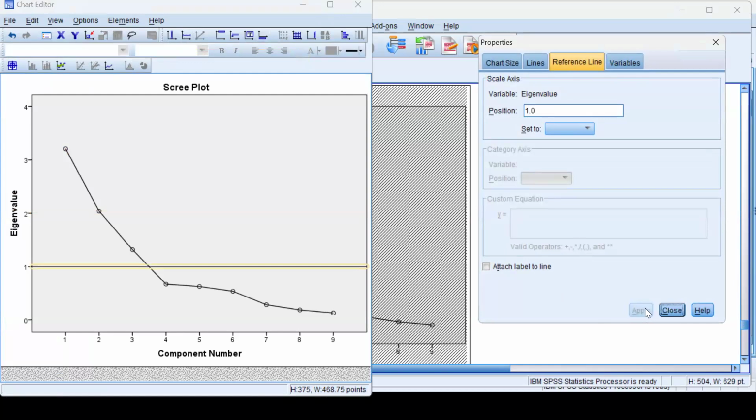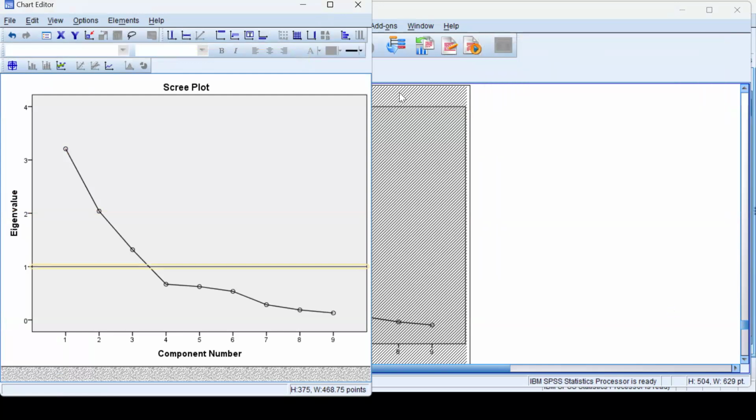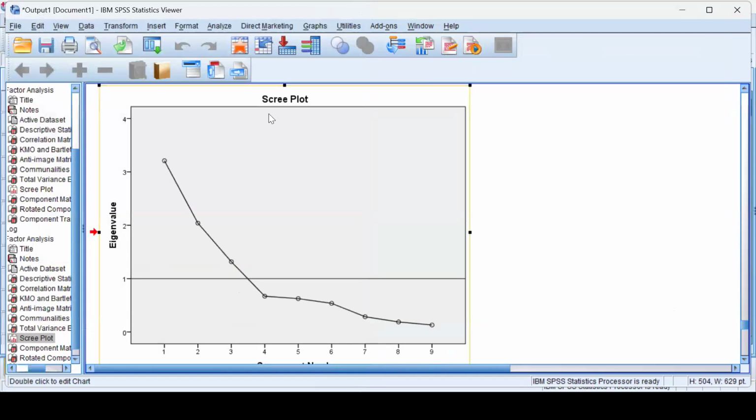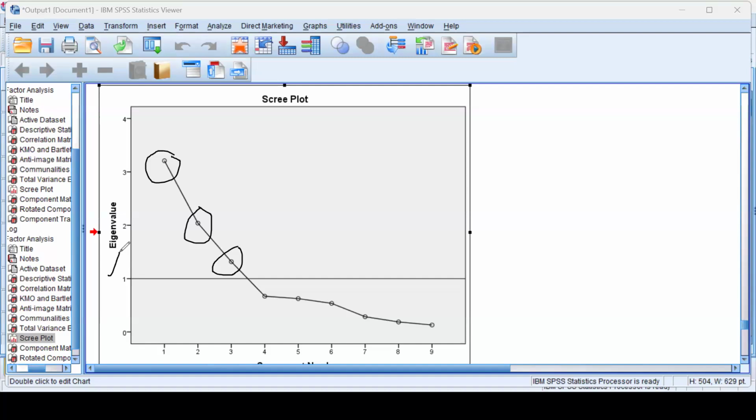After apply, close, and then close. Yeah. So how many factors? There are 3 factors: 1 factor, 2 factor, and 3 factors. Other factors' value is less than 1, so we will not retain those factors whose eigenvalue is less than 1.